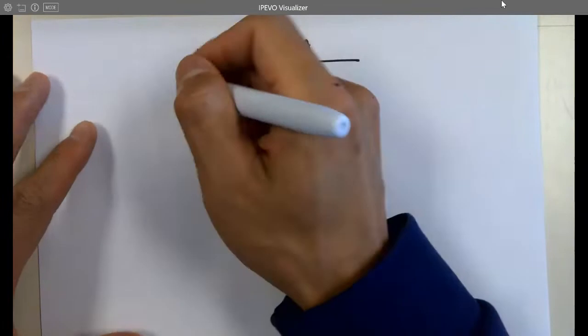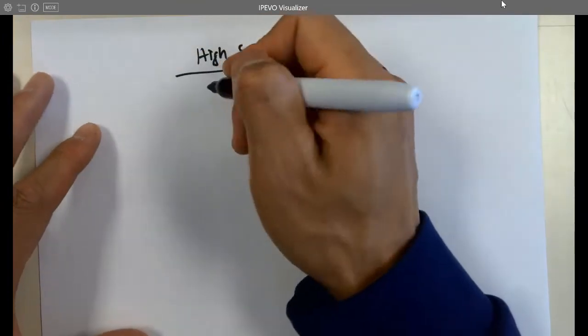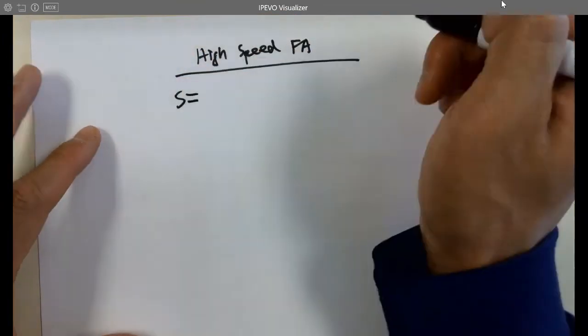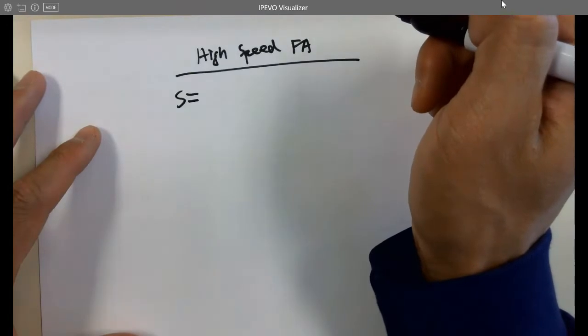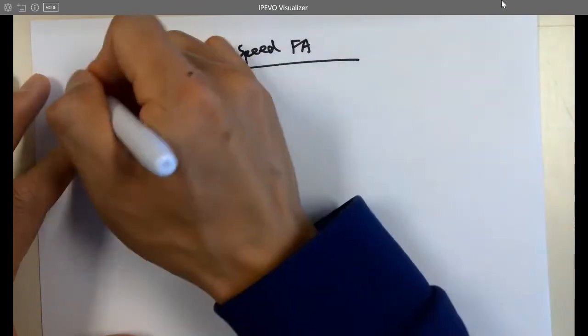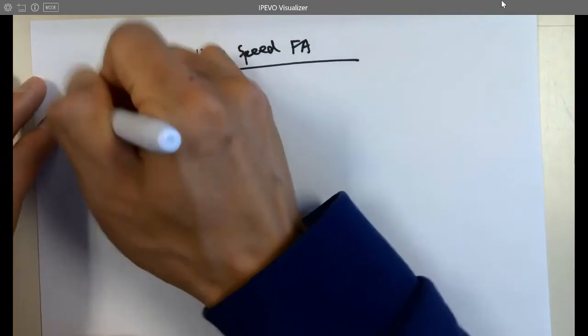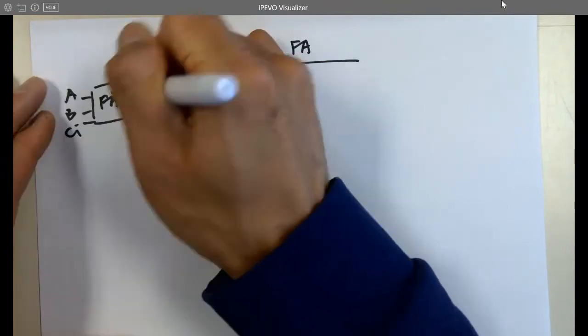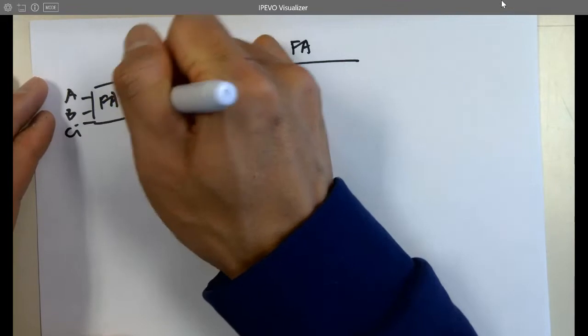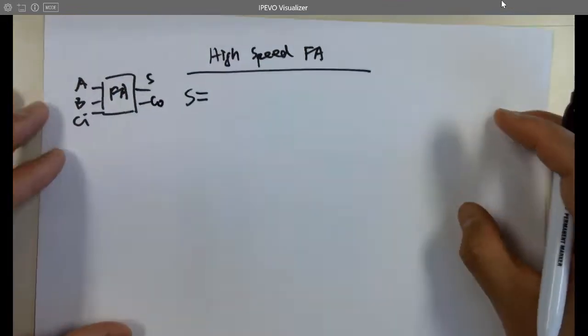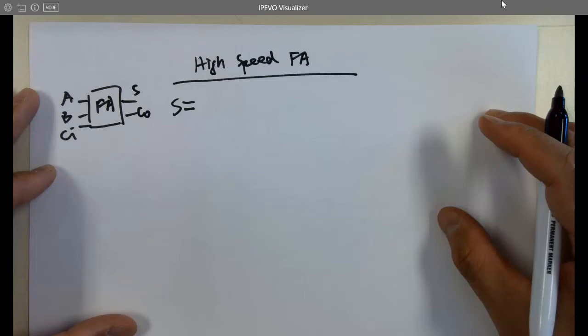You know the full adder. Really quick quiz question. What is S? It's like this, right? A, B, Ci, and the two outputs are S and Co. Okay, what is S?